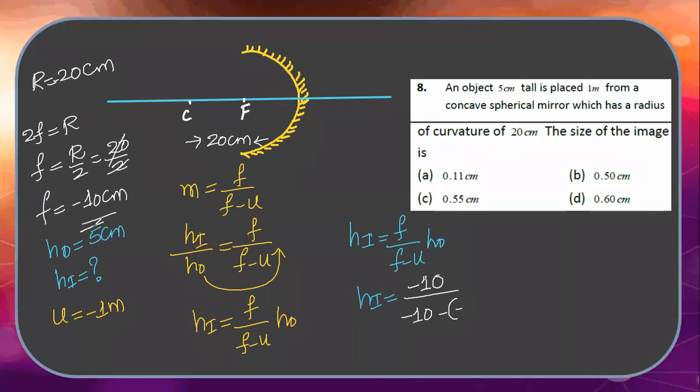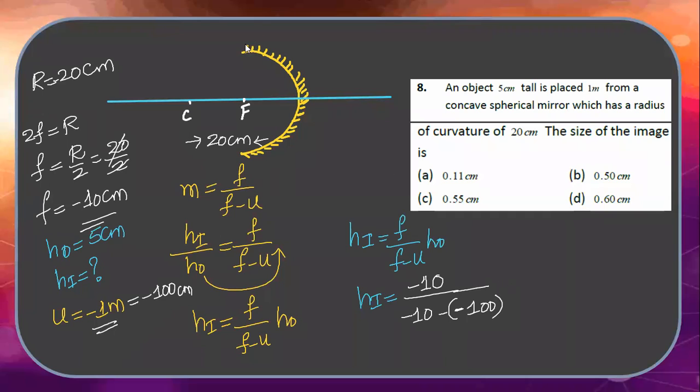Minus of minus. What is that? 1 meter means what? 100 centimeters. Minus 100 centimeters it is. So this will be equal to -10 divided by, into Hi, into H naught.